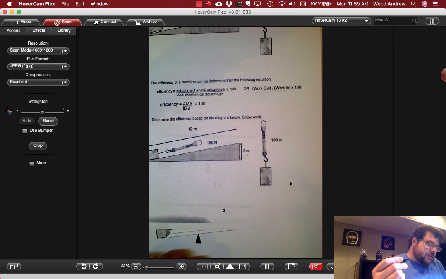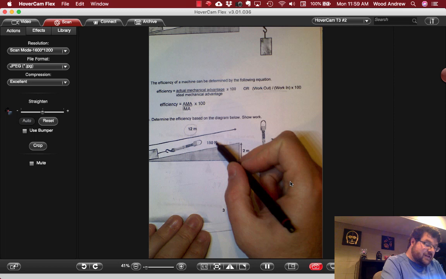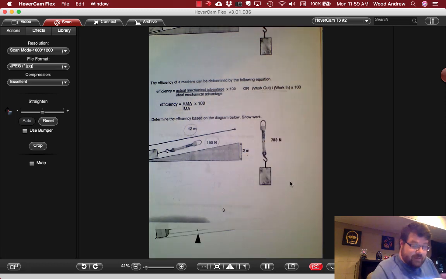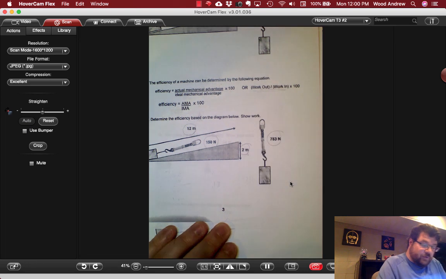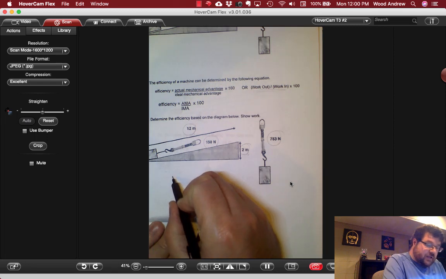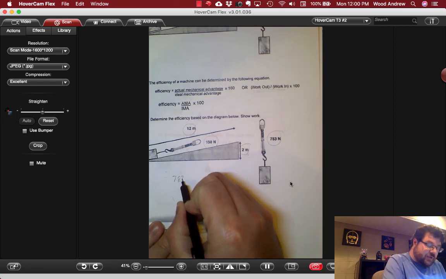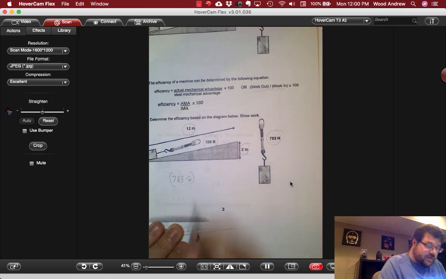So we figure out here the distance and the effort. So this would be the input work, and then we have the output work. So work output, it moves a 783 Newton object, a distance of 2 meters. So that's our work output.